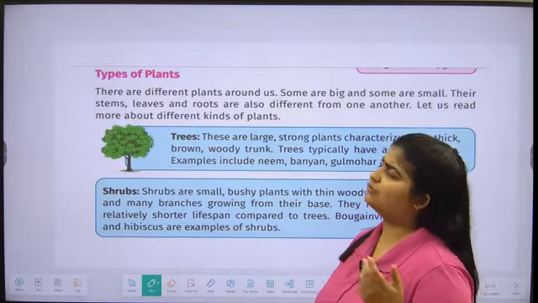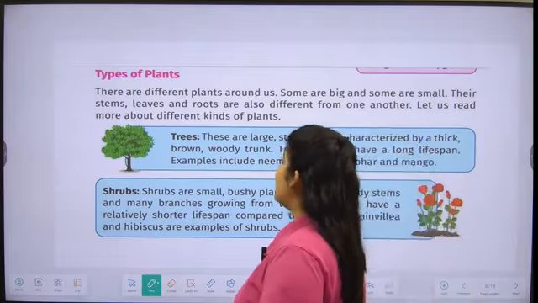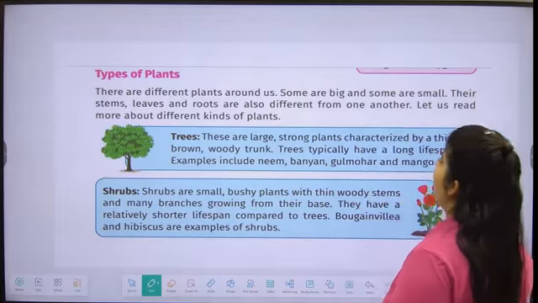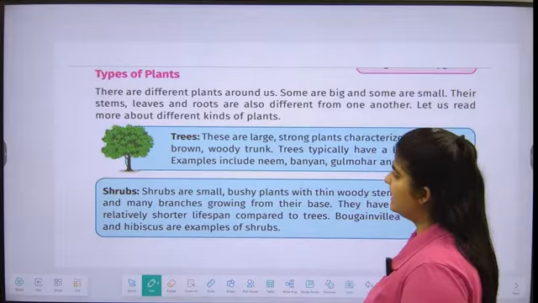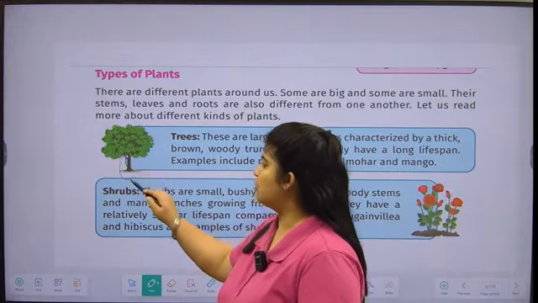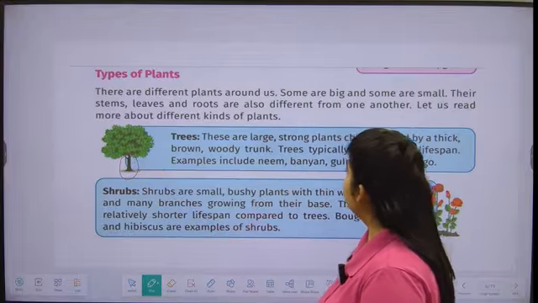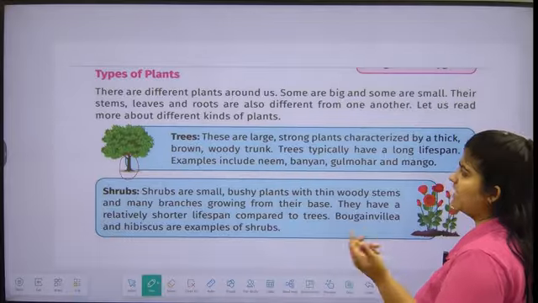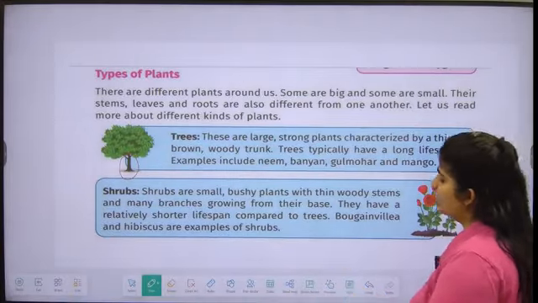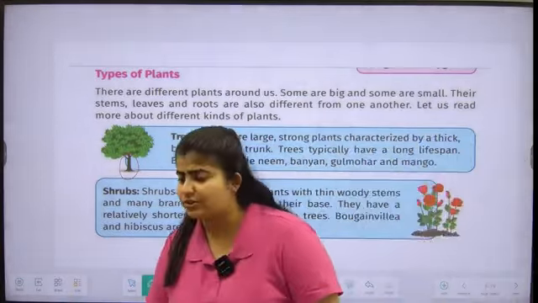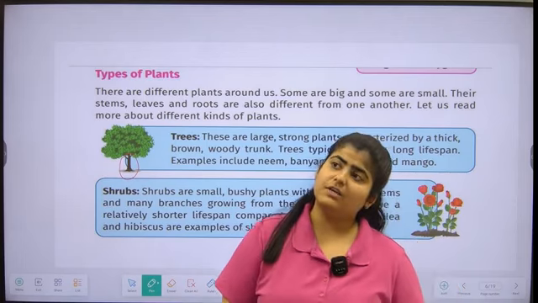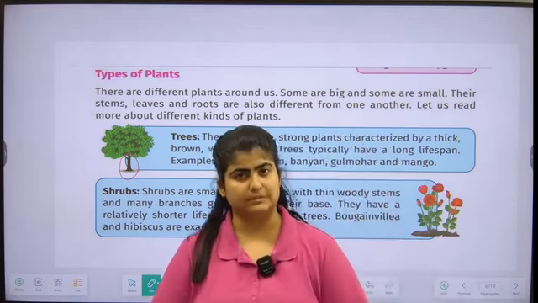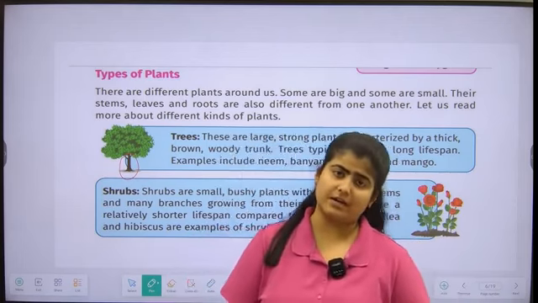The first one is trees. These are large, strong plants characterized by a thick brown woody trunk. So it has a trunk, right? Trees typically have a long lifespan, examples including neem, banyan, gulmohar and mango. Trees can live up to hundreds of years, or maybe more than hundreds of years.